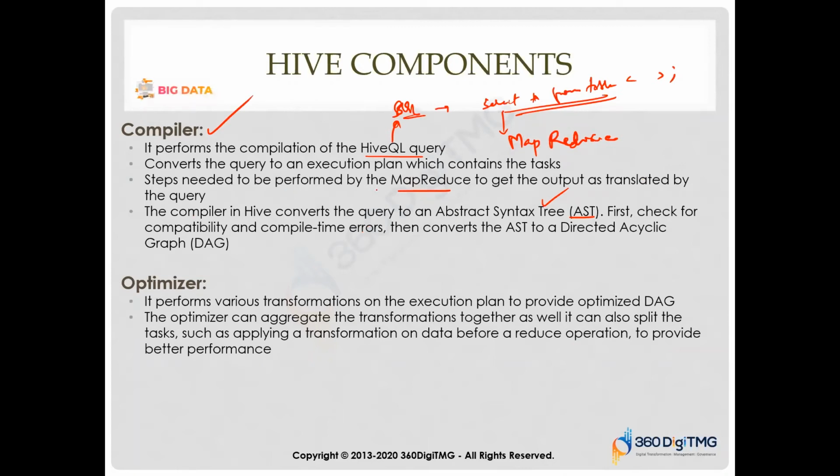And once this is done, that AST is getting converted into something called a DAG, directed acyclic graph. So after you create the execution flow, you validate it, check whether it is appropriate or not, check for the errors, and then convert it into an actual plan. Do this.